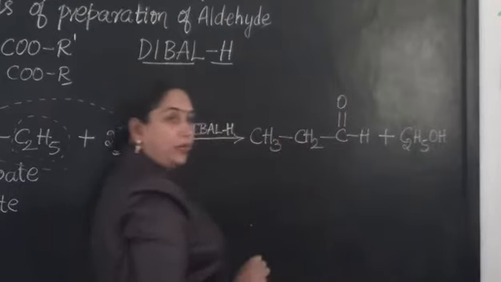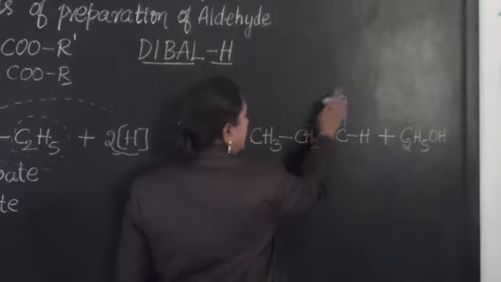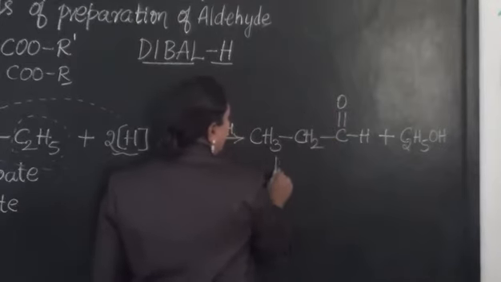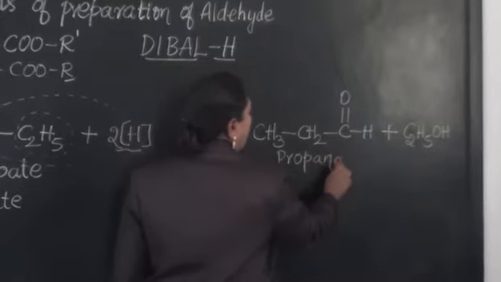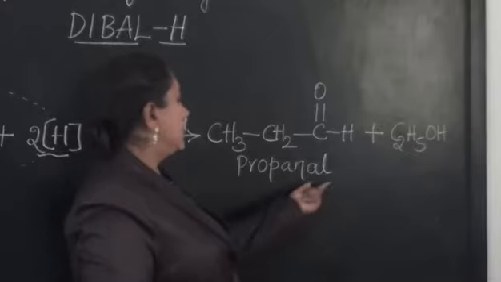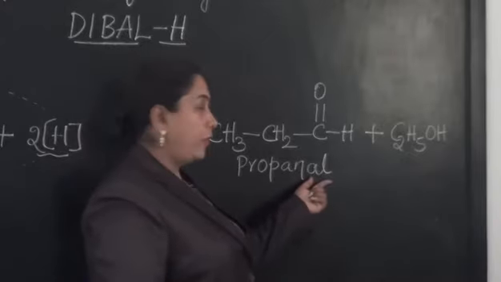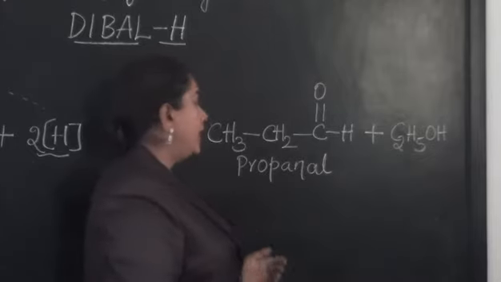Let us try naming both of them. We see that there are 3 carbon atoms and this itself is the aldehyde. So the name of this compound will be propanal. As you know, an aldehyde should end with the suffix al. So propanal, or the trivial name will be propionaldehyde.